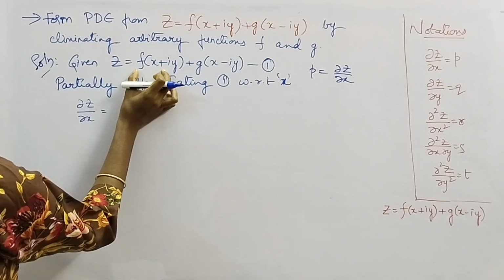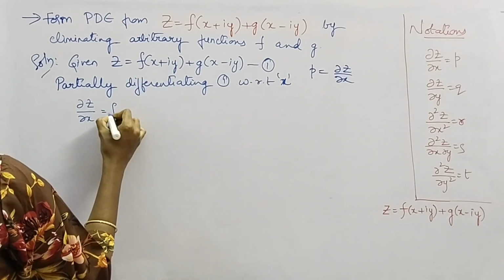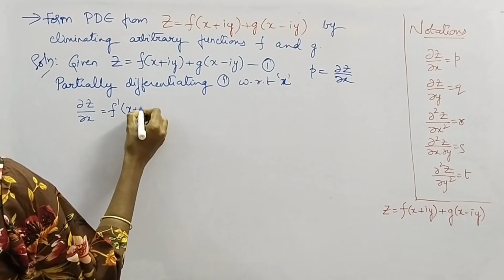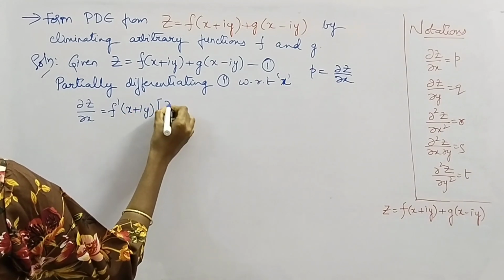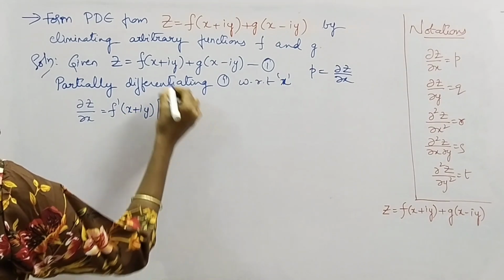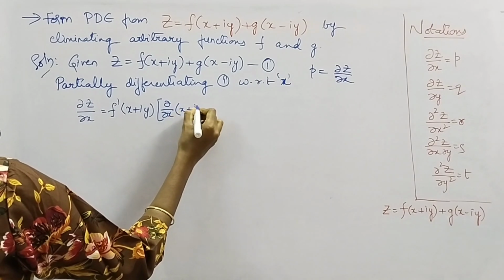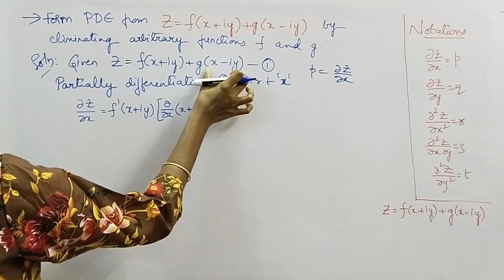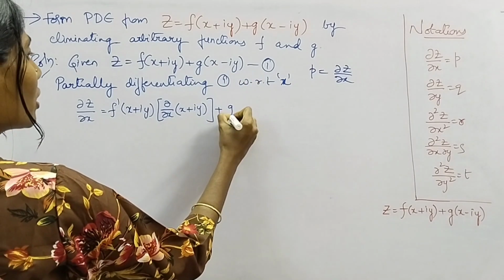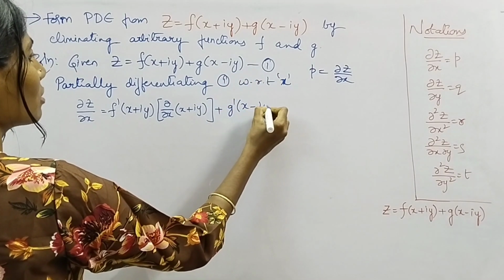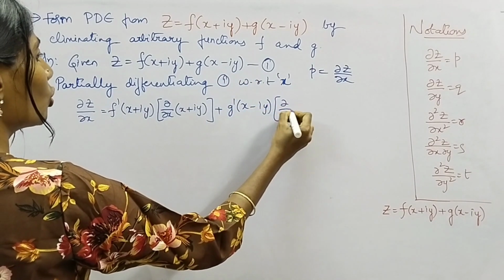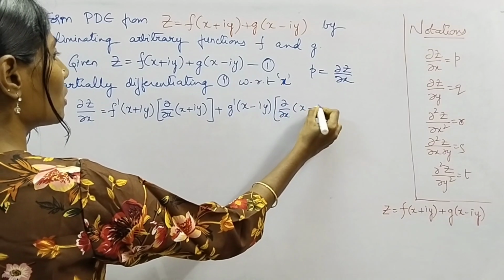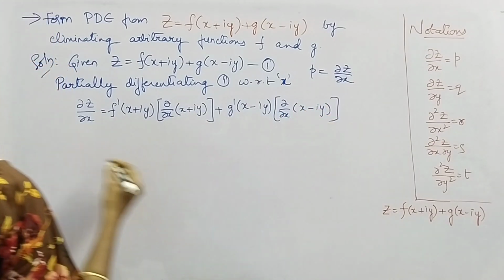Partial derivative of f of x plus iy with respect to x is f dash of x plus iy into inner derivative, that is dou by dou x of x plus iy, plus partial derivative of g of x minus iy is g dash of x minus iy into inner derivative dou by dou x of x minus iy, right?